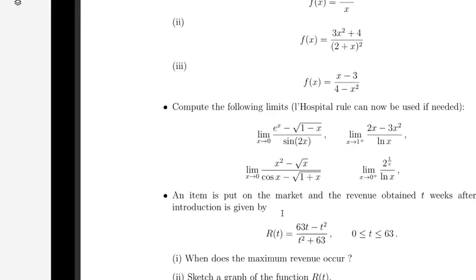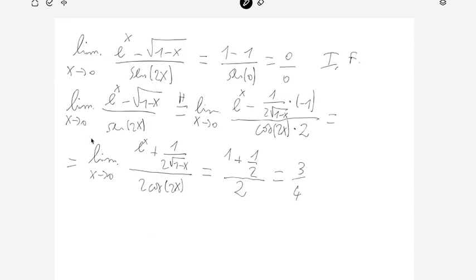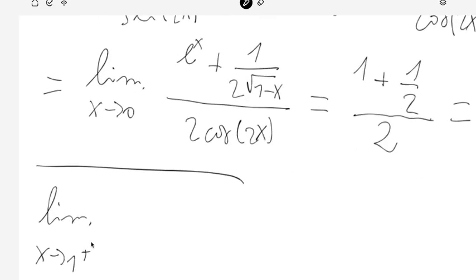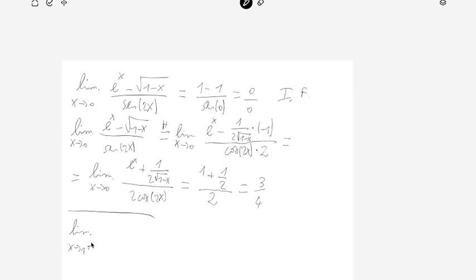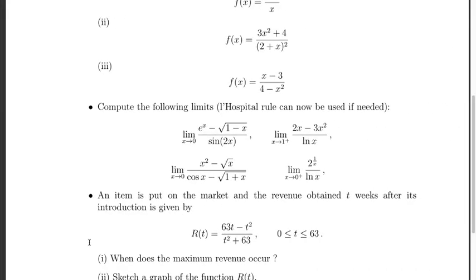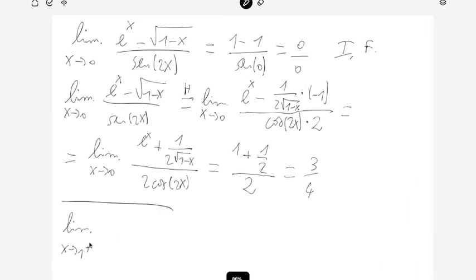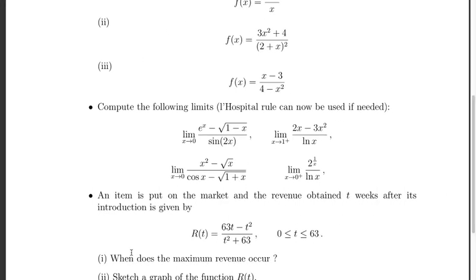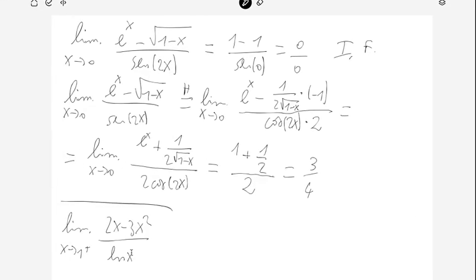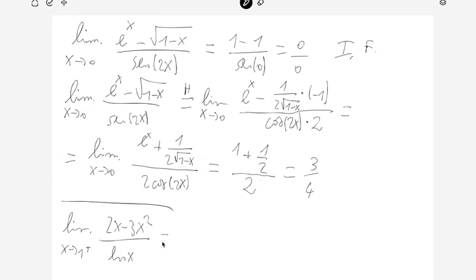Okay, so I give you an example. In the second exercise, for example, we have 2x minus 3x squared over the logarithm of x when x converges to 1 plus.